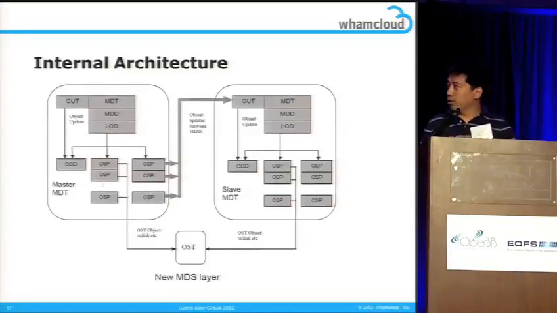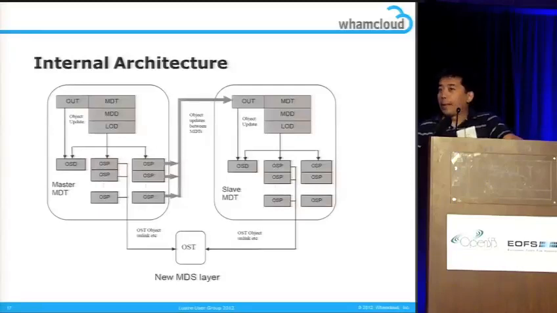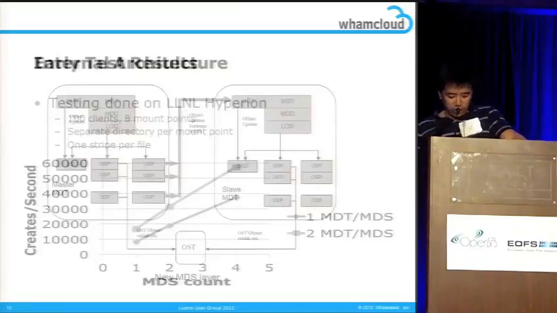Since this update has already been analyzed, you don't need MDD anymore, and since these object updates must happen on this target, you don't need LOD either. So OUT talks to the OSD directly to finish the object operation. That's how DNE works.